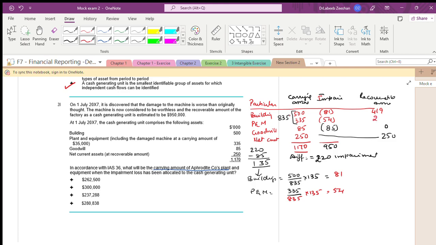Approximately 280. What is the nearest value?